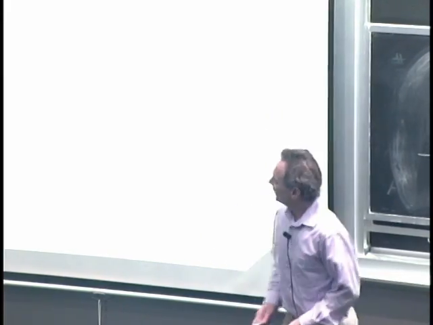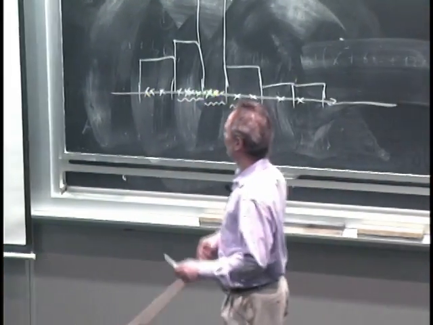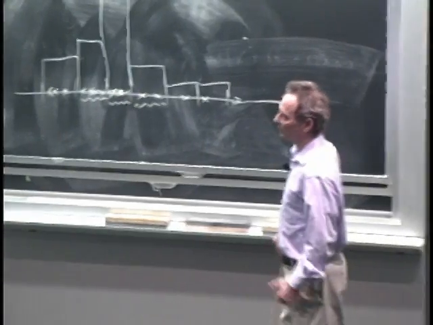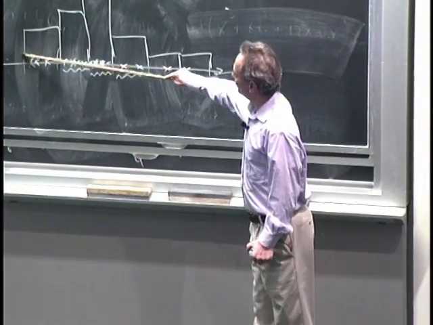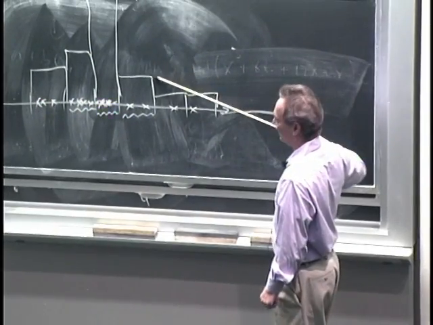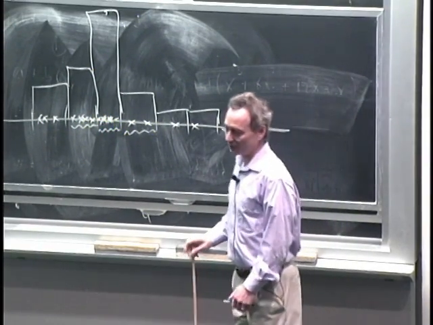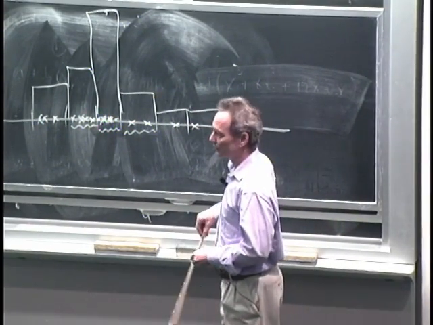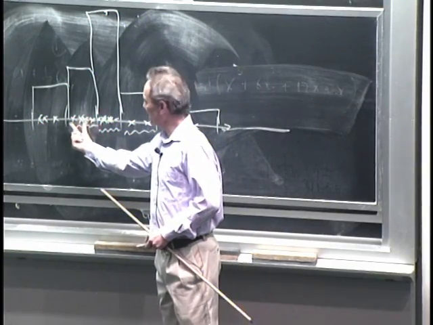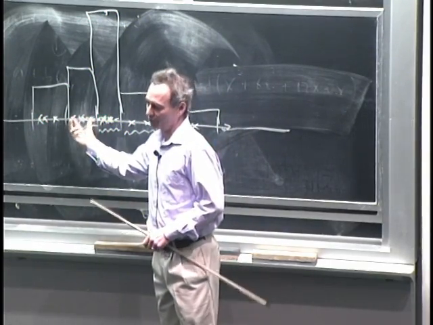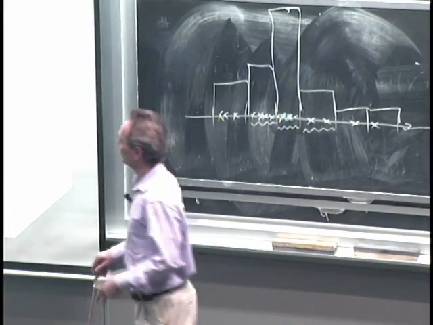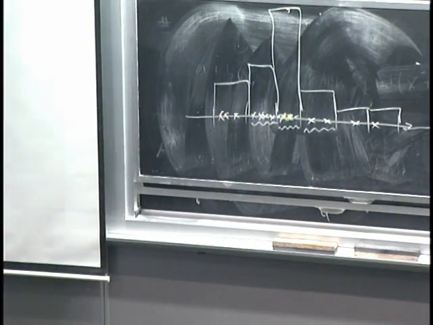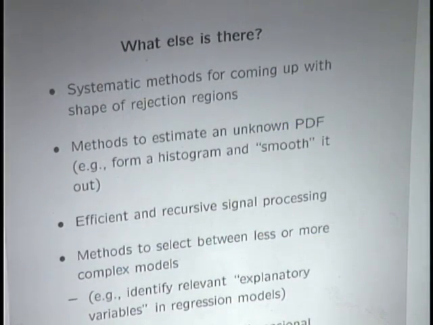Methods of this kind are of many types. One general method is you form a histogram, and then you plot a smooth line that fits the histogram. This still leaves the question of how you choose the bin size in your histogram, how narrow you take them, and that depends on how much data you have. There's a lot of theory about the best way of choosing the bin sizes and the best ways of smoothing the data that you have.